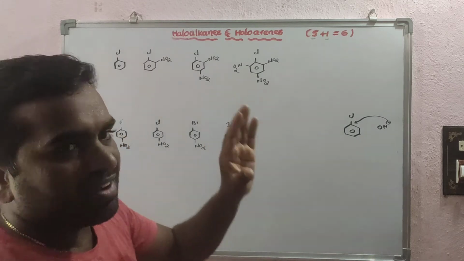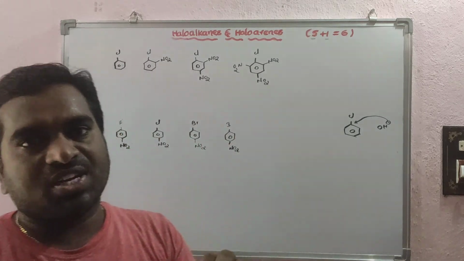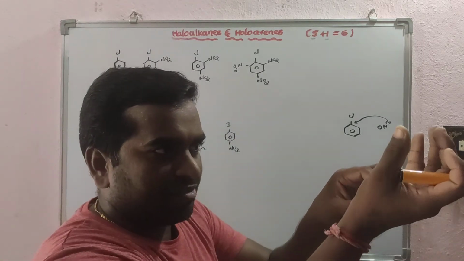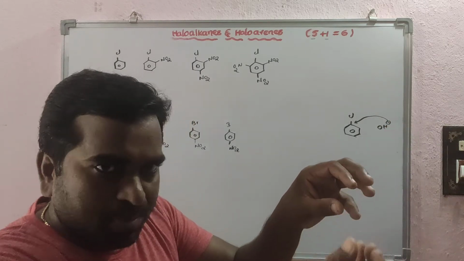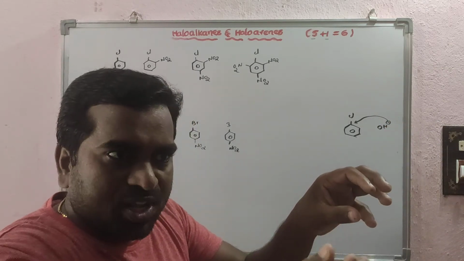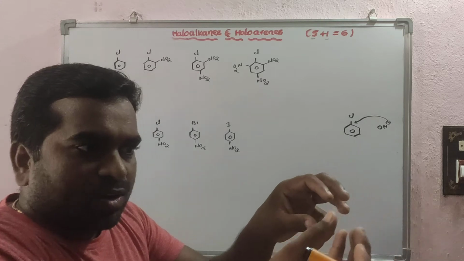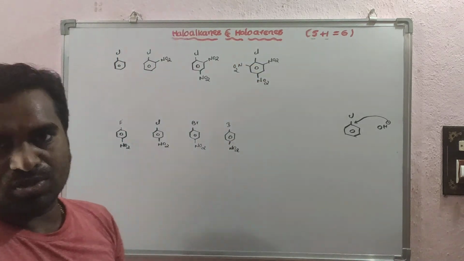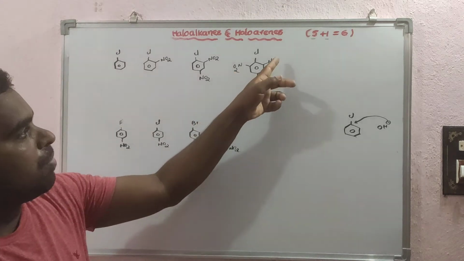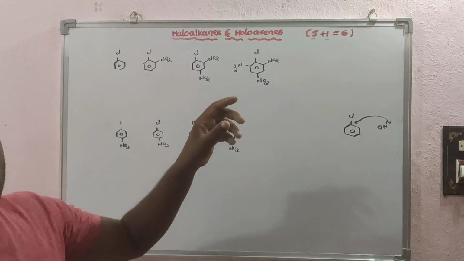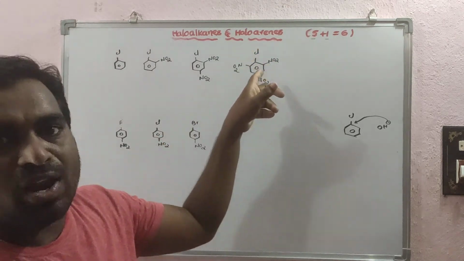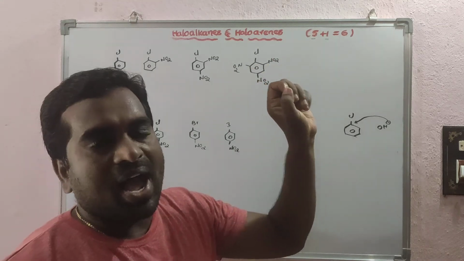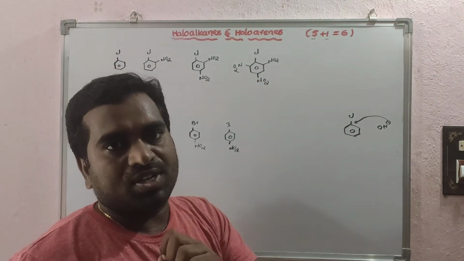So if electron withdrawing groups are present on the benzene ring, they withdraw the electrons from the benzene, so the electron density on the benzene will be less. When electron density is less, the nucleophile easily attacks. So as the number of electron withdrawing groups increases, the haloarene shows higher reactivity towards nucleophilic substitution.